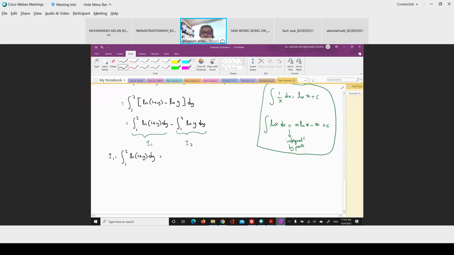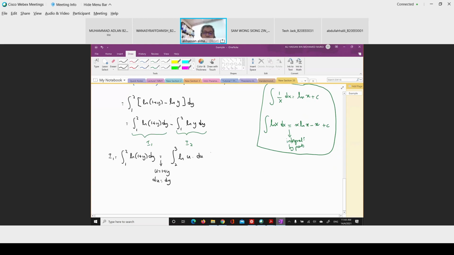I cannot use the integral of ln x dx formula directly because it is not in that form. So let's use the substitution, say u equal to 1 plus y. So we have ln u, and therefore du is equal to dy. And the limits also change when we use this substitution. When y equal to 1, u is equal to 2. When y equal to 2, u is equal to 3.